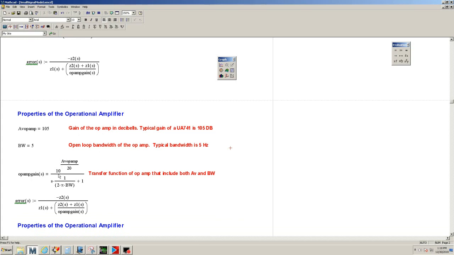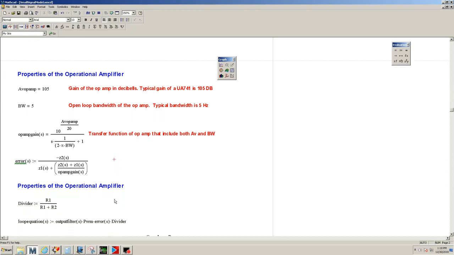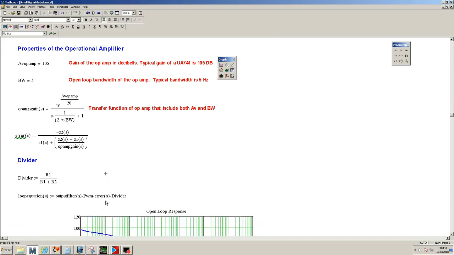So here I defined it, and again it's expressed here. That's the property of the op-amp. Then this would be the divider. Here is the equation of the divider.